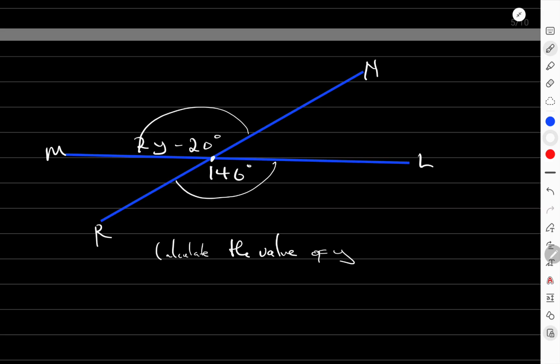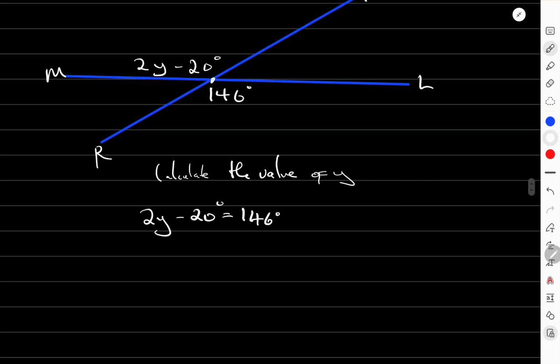So it's an angle, there's a space, there's an angle, there's a space. Therefore, the angle that is found here, which is 2y minus 20, and the angle found here, which is 146, those two angles are the same. Reason: vertical opposite angles, because 2y minus 20 is equal to 146 degrees.